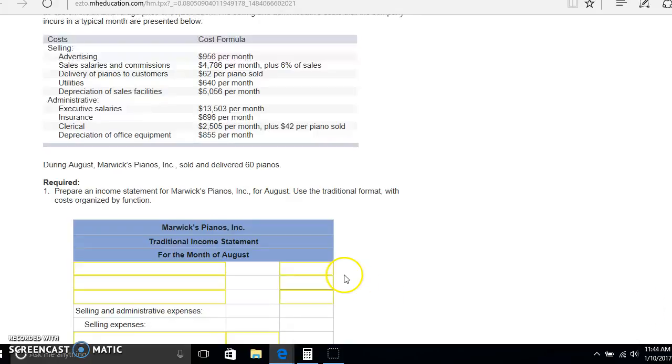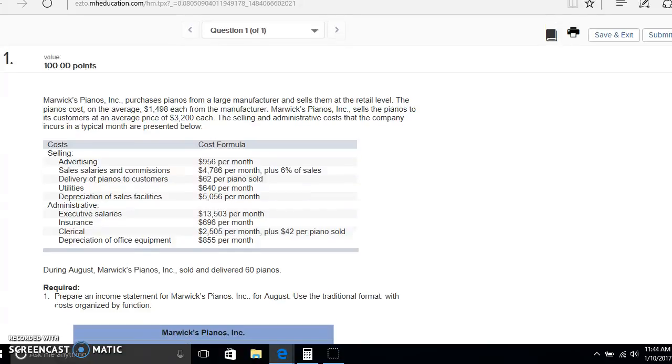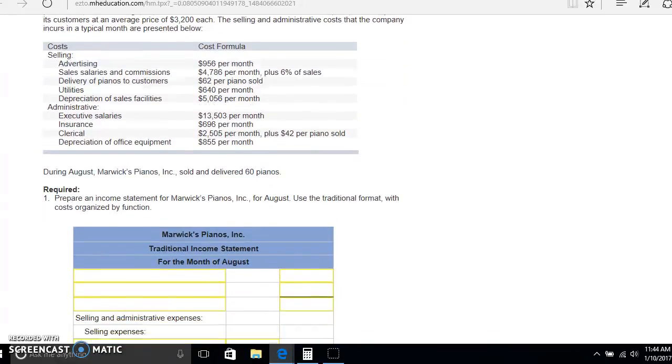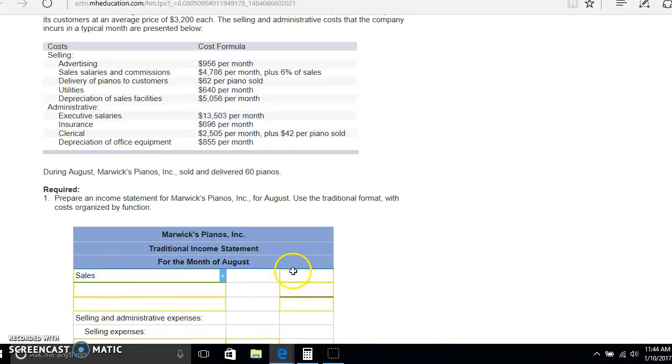So what it wants to do first is a regular income statement with this piano company. So this is normally what you'd see in financial accounting as opposed to managerial. So the first thing we're going to do is obviously sales, which is the first thing you see on an income statement. And for this particular one, they sold 60 pianos. The last time I brought this up, it said 57.